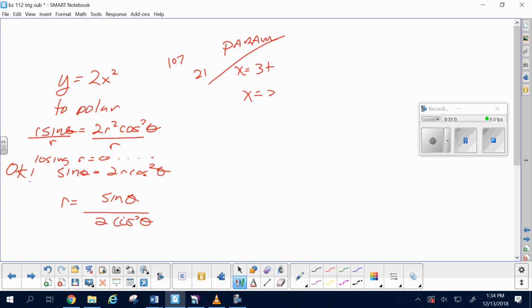It was on 108, but I haven't finished recording yours yet. So x equals 3t, y equals t squared plus 1. The question here is threefold: graph, find dy dx, and eliminate the parameter.